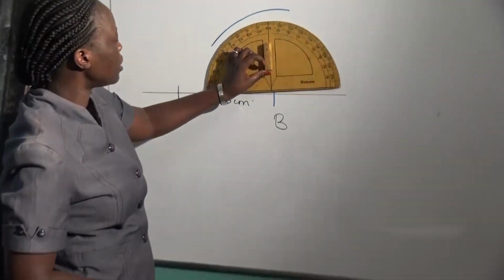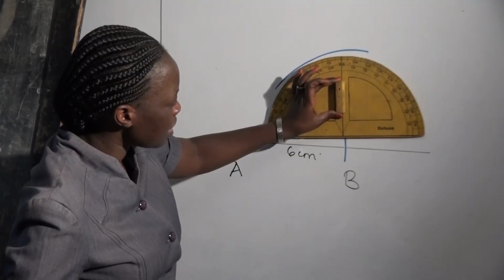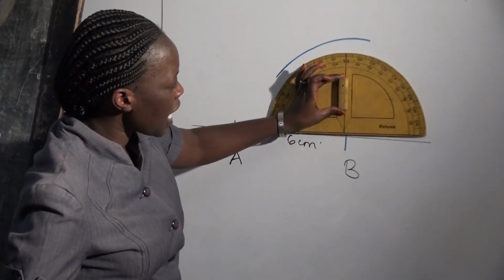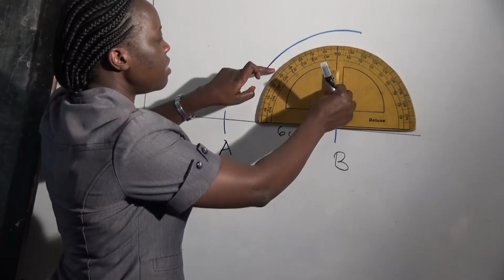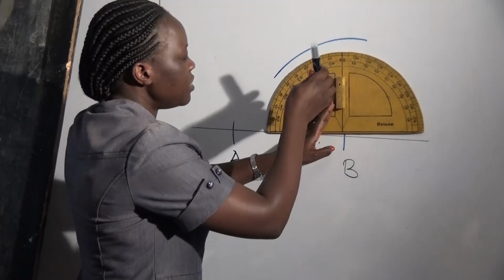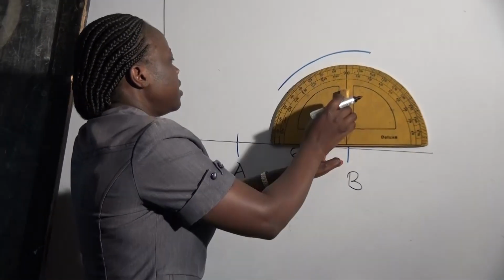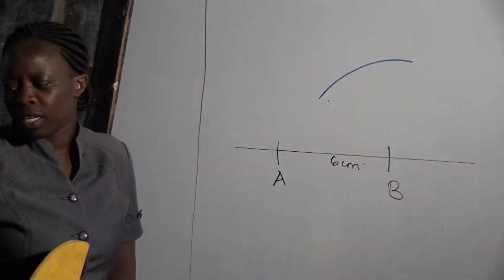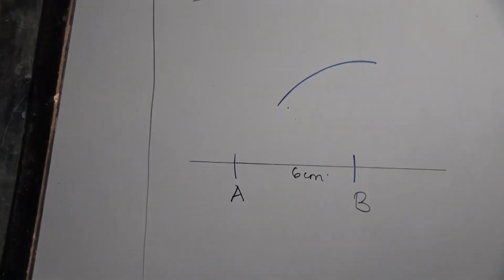In case you've forgotten how to measure 40 degrees, this is how you put your protractor. There, you push into the arc that you had made. And remember, we want the angle inside. This is our 40 degrees. Then just mark that 40 degrees there. So you can mark it using a point. So once you have your 40 degrees, what do?